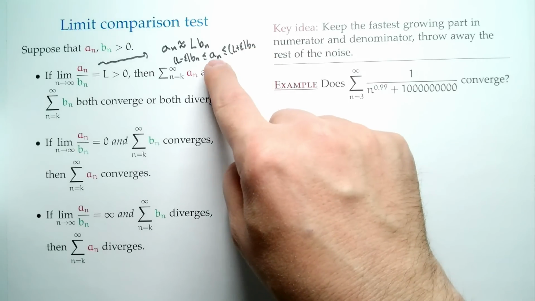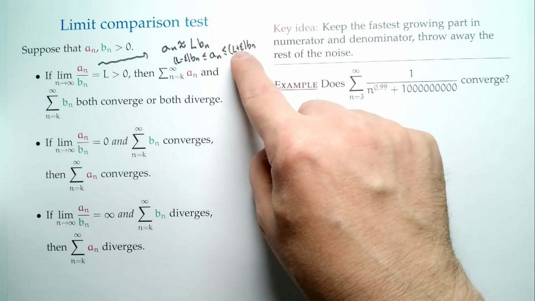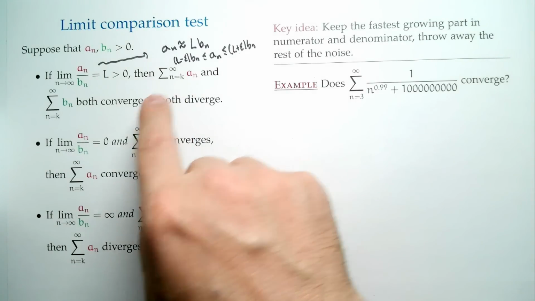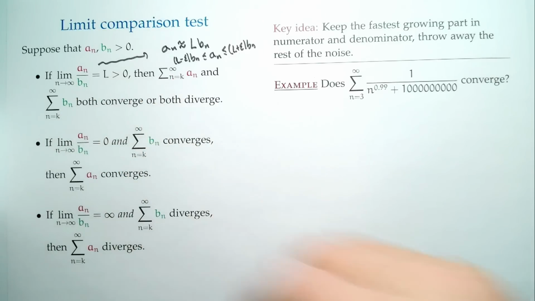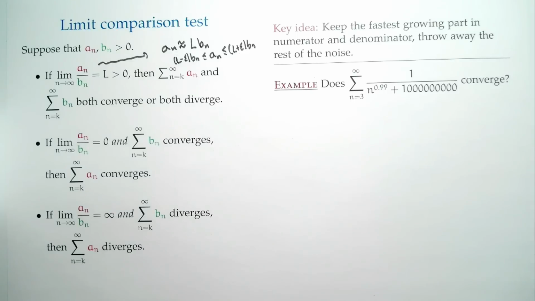Then that says that the sum of this has to be huge, which means that the sum of this has to be huge, regardless of what that L plus epsilon is. So that must mean that the other sum diverges. So what you end up with is that these two sums have to have the same behavior in terms of converging or diverging. They both converge or they both diverge.